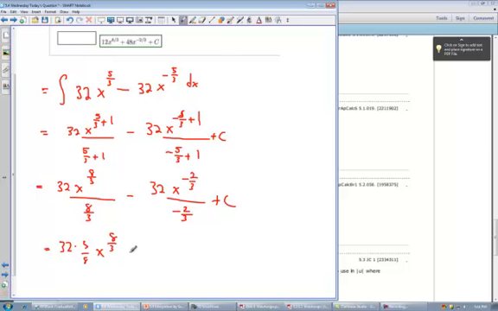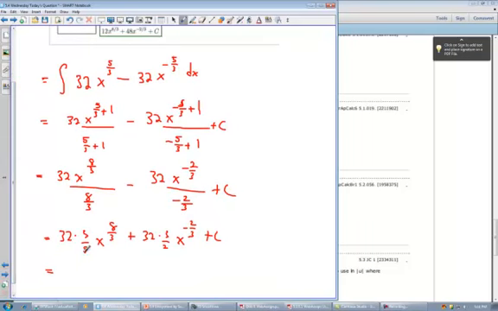And then minus a minus is a plus, so I'll get plus 32 times 3/2, x to the minus 2/3 plus C, which is equal to, well, 8 and 32 cancel, so I get a 4 here, so I have 12 x to the 8/3, right, plus 32 and 2 cancel, so I get 16 times 3, and 16 times 3 is 48, x to the minus 2/3 plus C. And that's how they left it, so we can leave it like that.